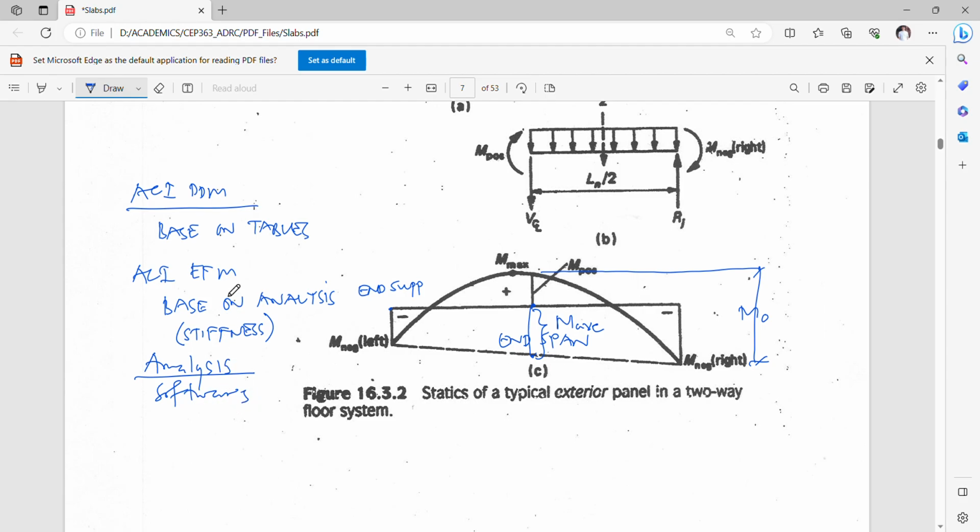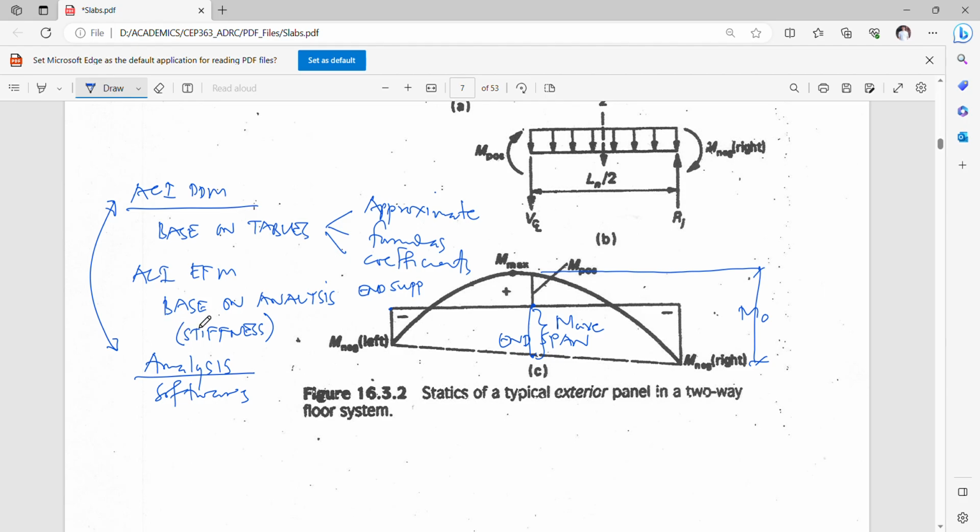While in the ACI direct design method, because these are just tabulated values, the values are based on approximate formulas or coefficients. So basically the difference lies in the determination and distribution of the longitudinal moment.